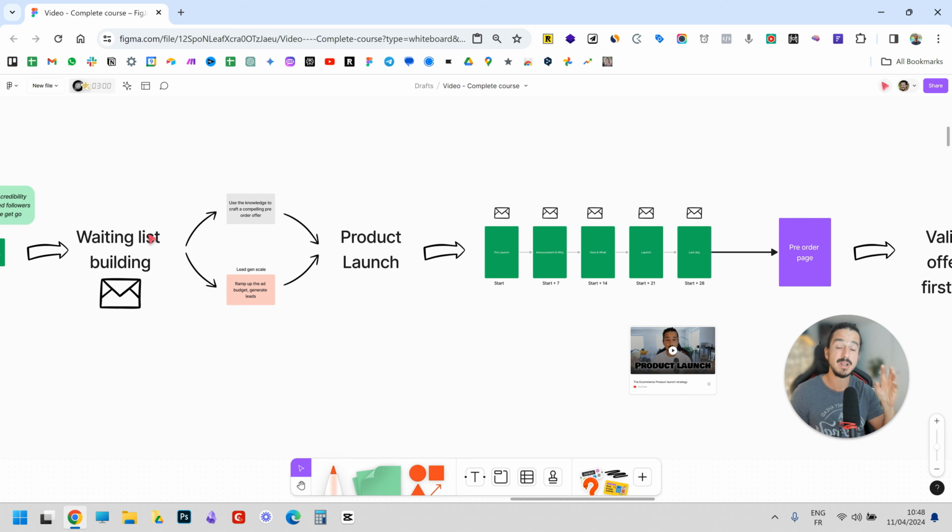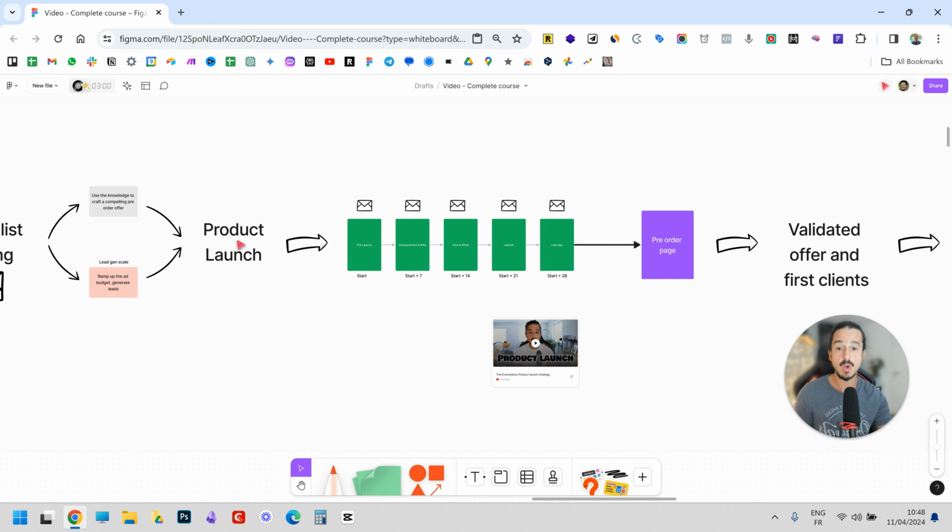Obviously, the size of the list will depend on the product. If your offer is a $3,000 program or $10,000 program, then you will have a lot fewer people in that list than if you are selling an e-commerce product for 40 euro, for example. It doesn't matter. The principle is exactly the same.